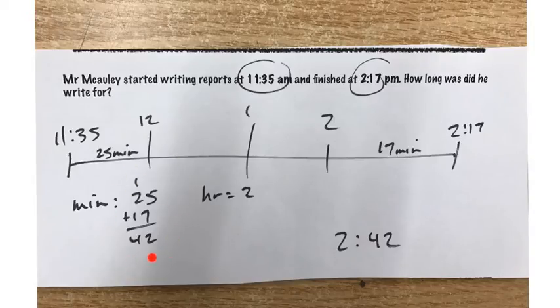This time I'm lucky, it turns out to be 42. If this number is greater than 60, then later on I'm going to have to add it to the time. But because it's only 42, my answer is going to be a nice 42 minutes over here. How many solid hours did I count? 2 hours. So the answer would be 2 hours and 42 minutes with a nice sentence going on down here.